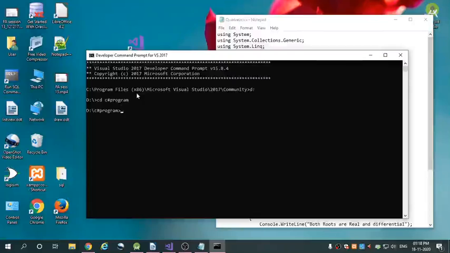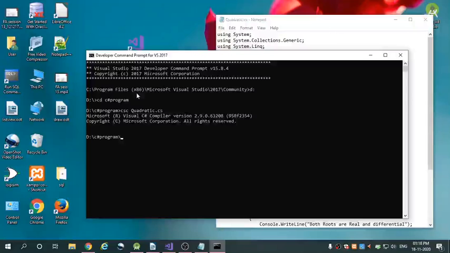Now we are in D drive in our folder, and now we go for the compilation. For that you have to type csc, file name quadratic.cs and enter. Our file is compiled now.